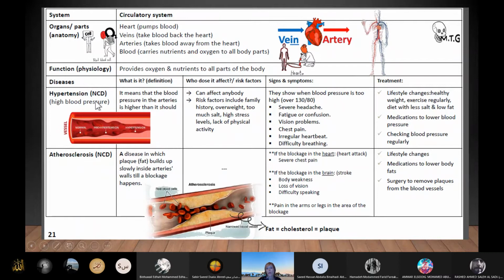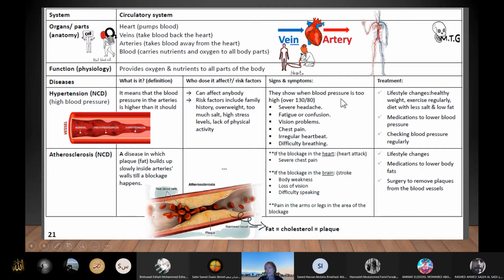So hypertension, or high blood pressure, can affect anybody, but it usually happens if you're overweight or maybe you have family history. And it can also be caused if you have high levels of stress. If you're very stressed out, you can increase your blood pressure that way as well.